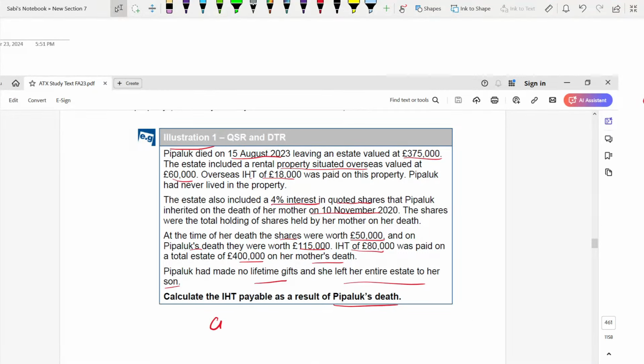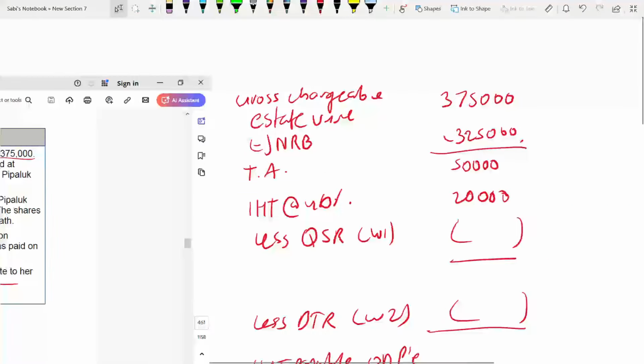How much? IHT was paid on a total estate of 480,000 and the total estate was 400,000. On the value at the time of her death, the shares were worth 50,000. You need this at the time of the first death. So all the 3 figures have been given for the fraction.